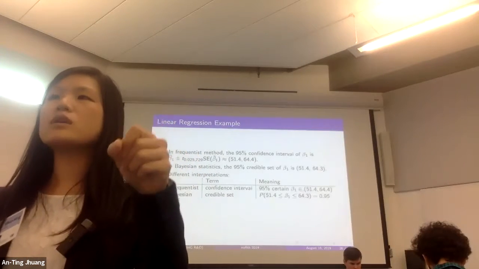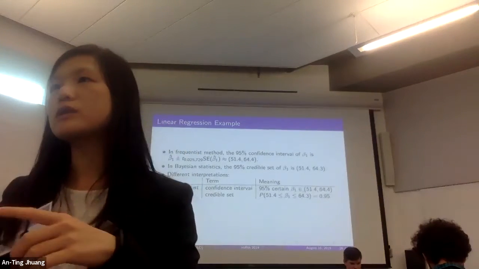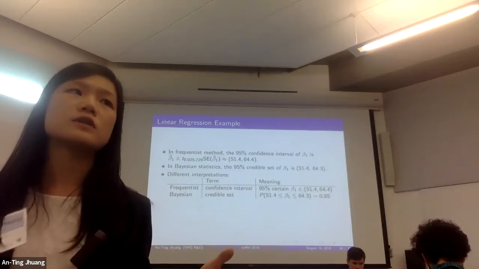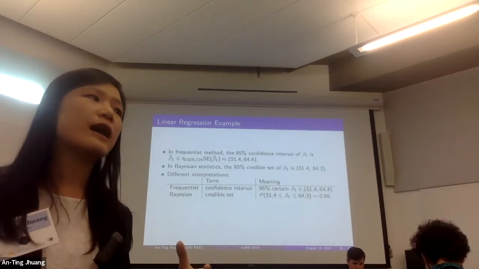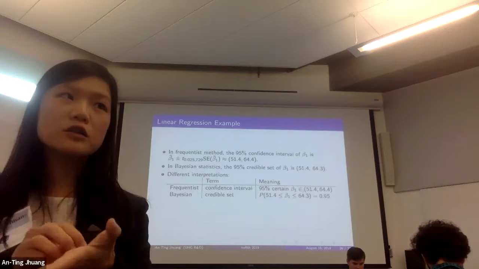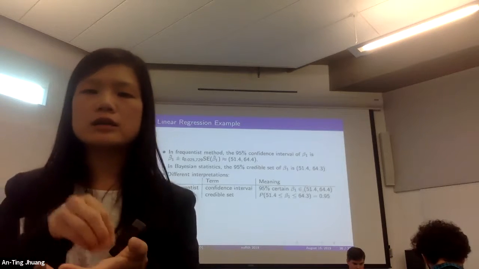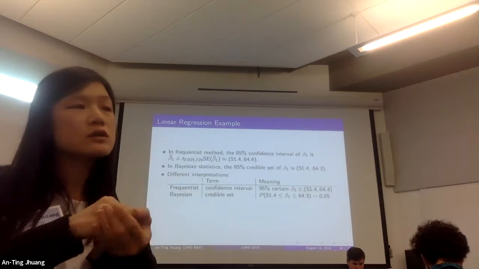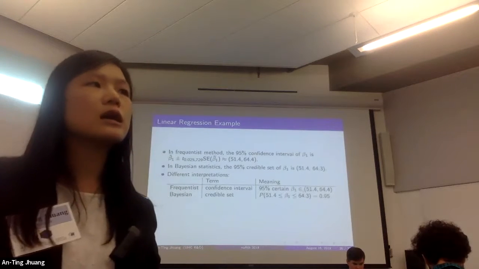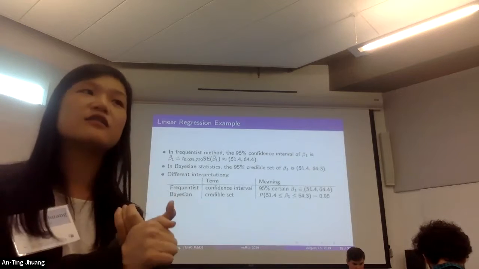It means if I repeat this procedure 100 times, then about 95 of them will include the true parameter. It's also a different concept in that frequentist views this beta 1 parameter as a fixed but unknown number.